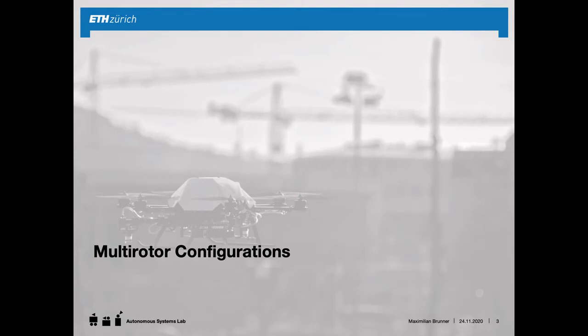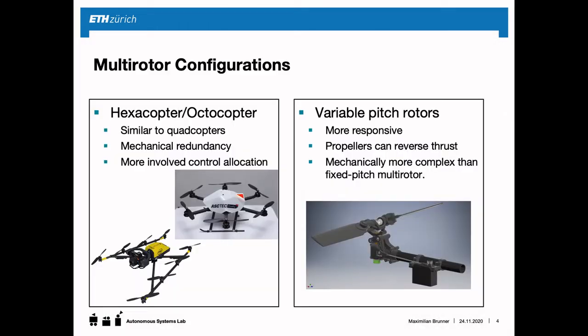So let's start with looking at different multirotor configurations, like any kind of multirotors that are different from the standard quadrotor that you already saw in last week's lecture. On the left side, you can see a simple extension of the quadrotor that you already saw, which is once the hexacopter in the top image and an octocopter in the bottom left image.